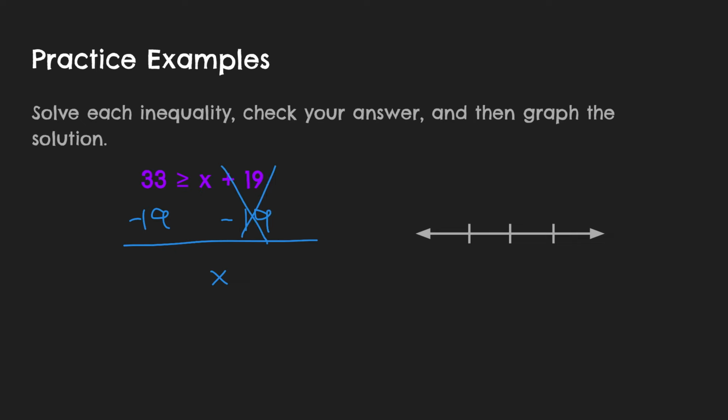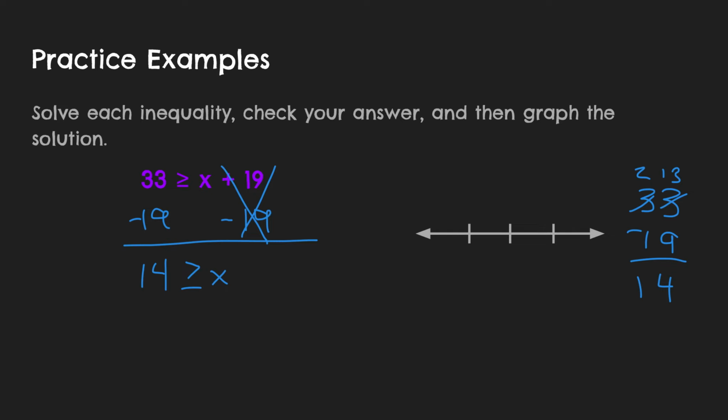And then 33 minus 19, here we'll do this over here. We get 14. I did subtract by 19, but I did not multiply or divide by a negative, so our sign stays the same.